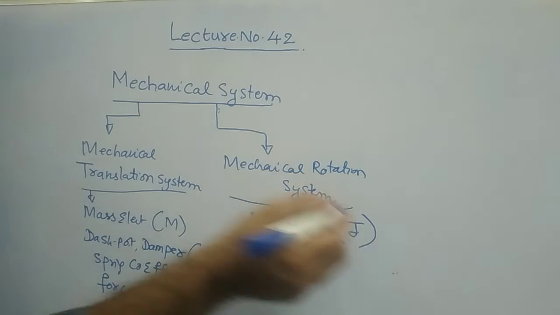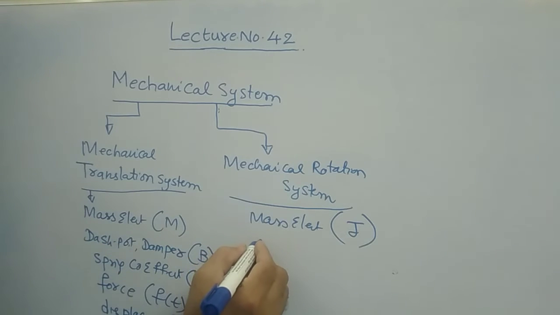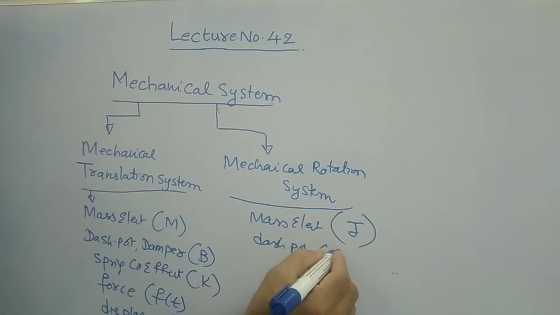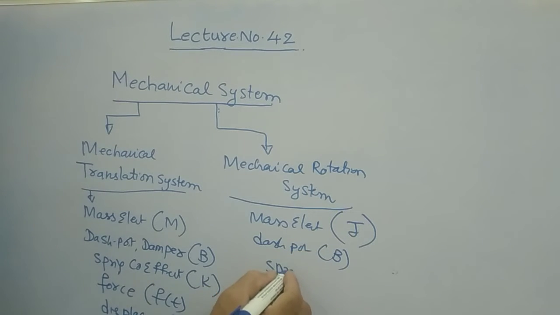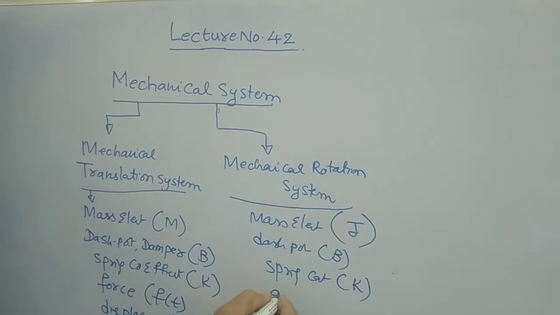Remaining all are the same: the dash pot is again capital B, and the spring constant is K. Whereas the normal displacement becomes angular displacement in rotational systems, denoted by theta.